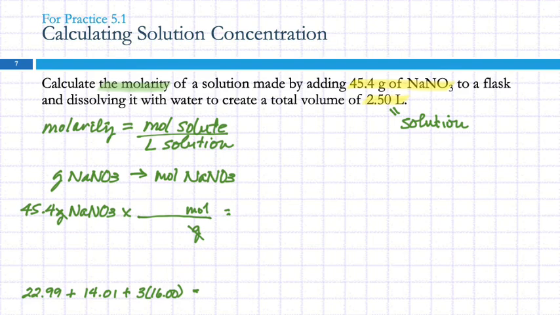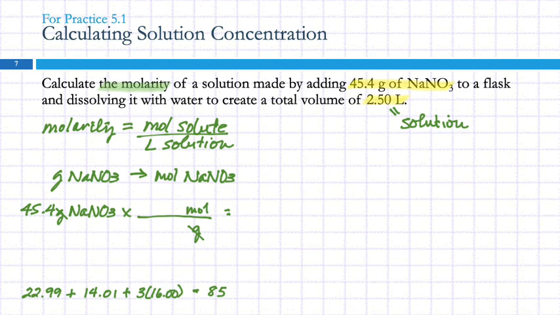Get out the calculator. My calculator says 85. Is that the right number of sig figs? We need to add some zeros.